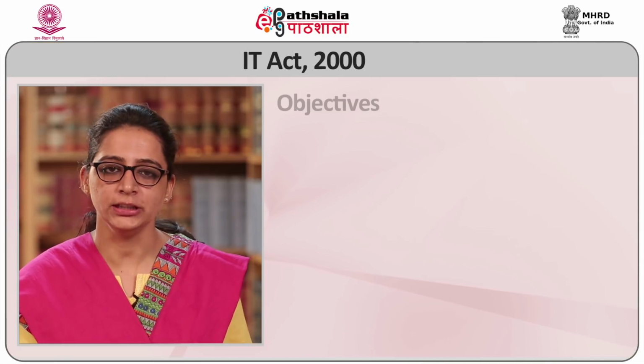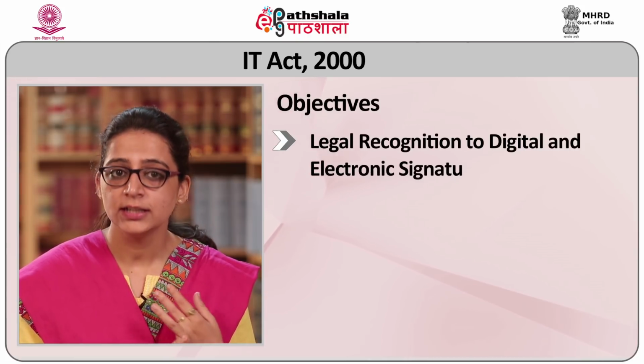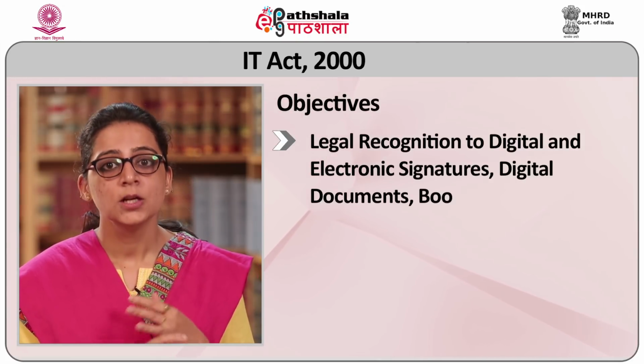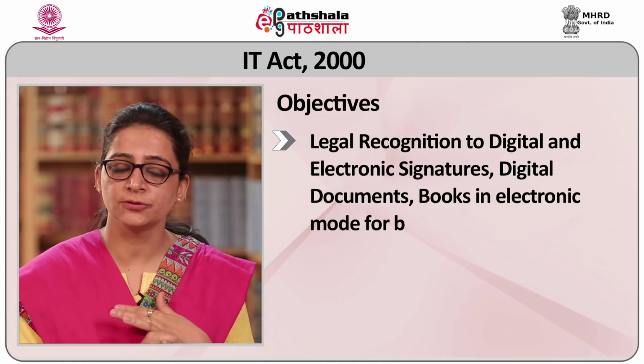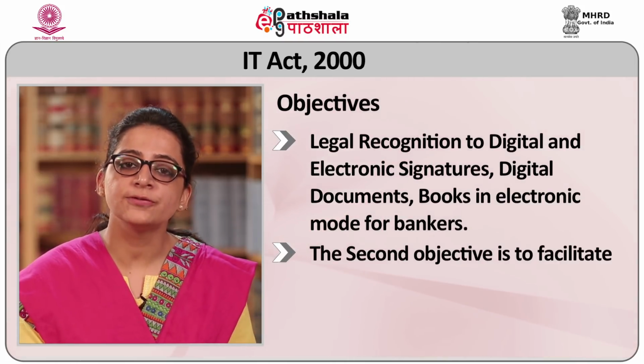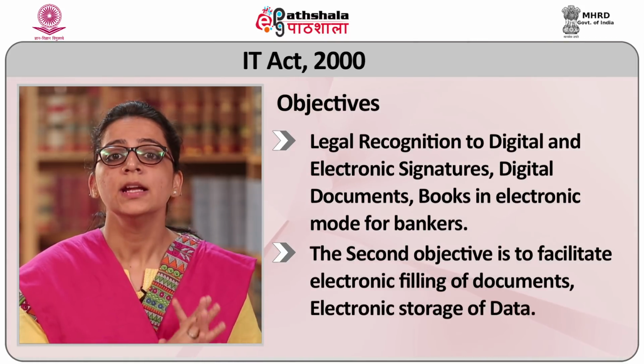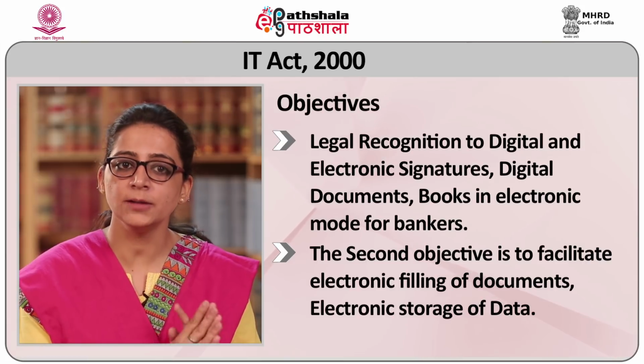Therefore, we can delineate the objectives of the Act into the following major categories vis-a-vis legal recognition to digital and electronic signatures, digital documents, books in electronic modes for bankers. The second objective is to facilitate electronic filing of documents and electronic storage of data.